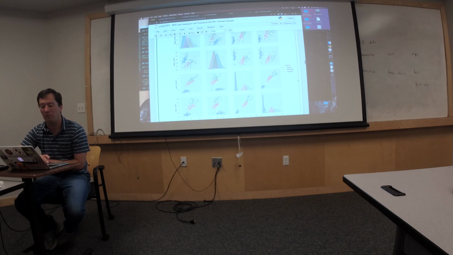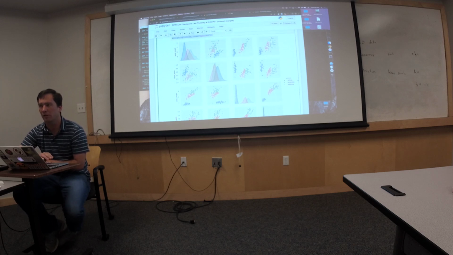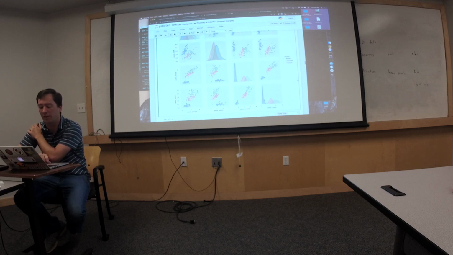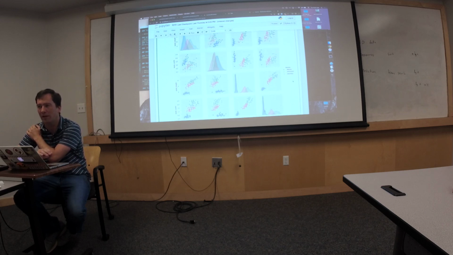It looks like we should be able to classify these if we look at the right dimensions of the data. Basically no matter what we pick, it's going to be really easy to tell the setosas apart from the others.